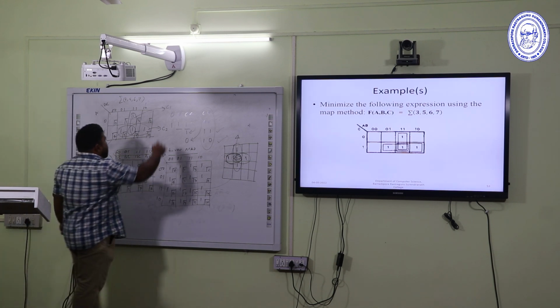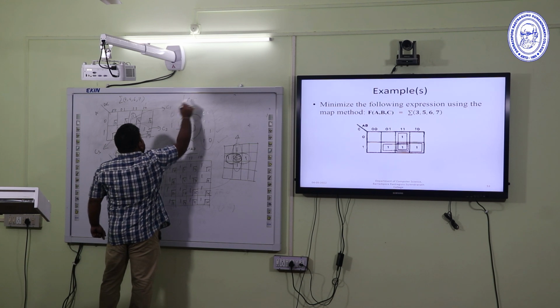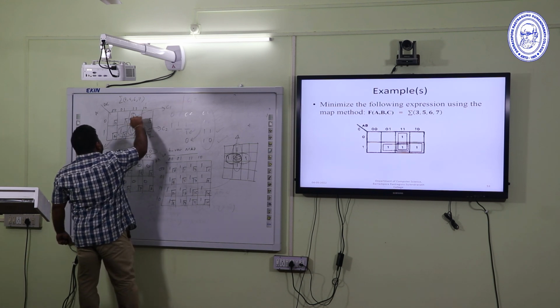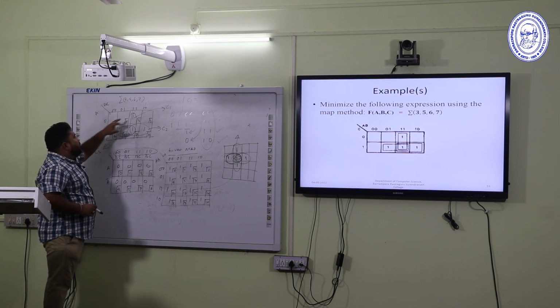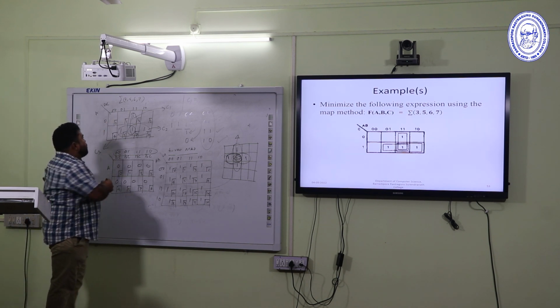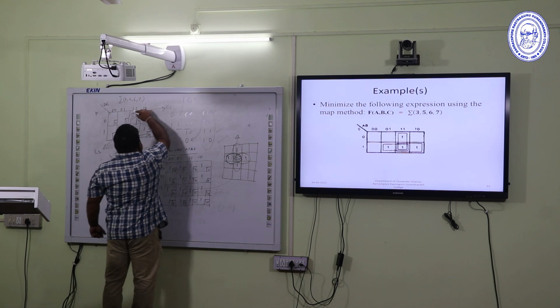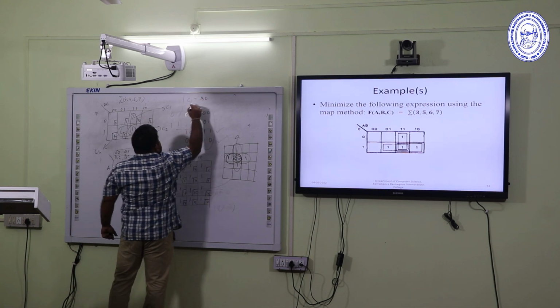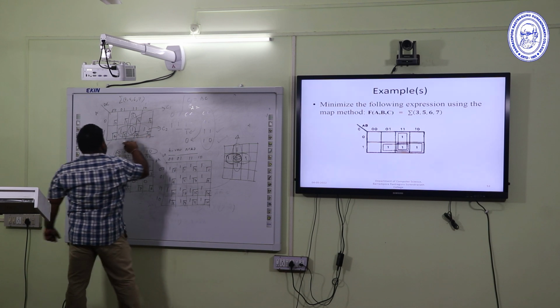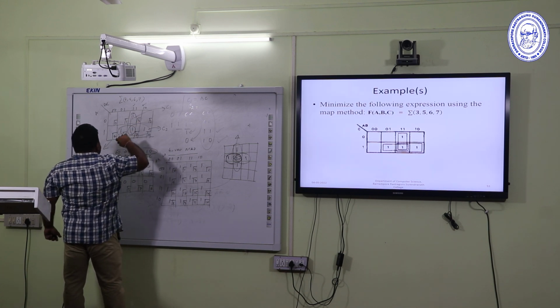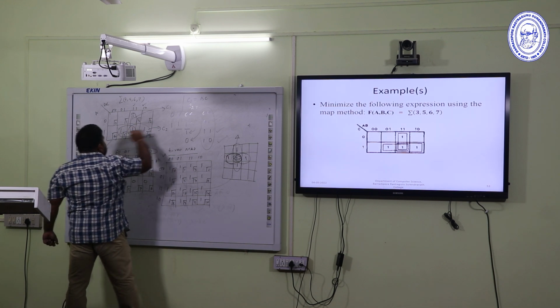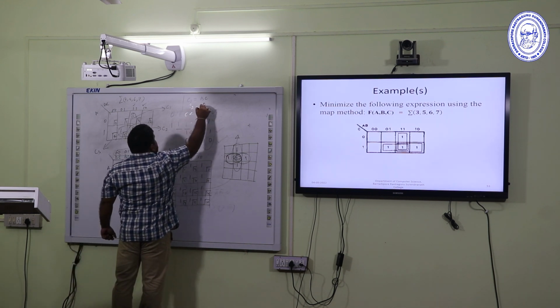So from C1 we can choose the following value where we can get the common element. So in that case we get BC. From C2 we get, that is 1 is common here, and that is A, that is AB.